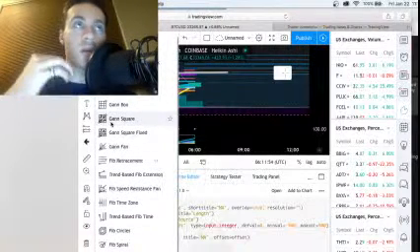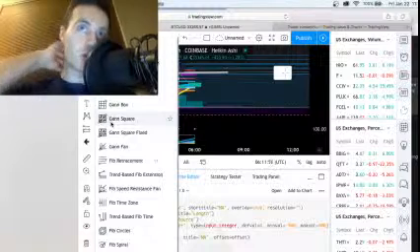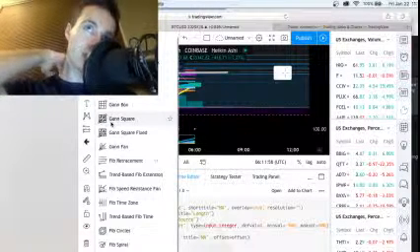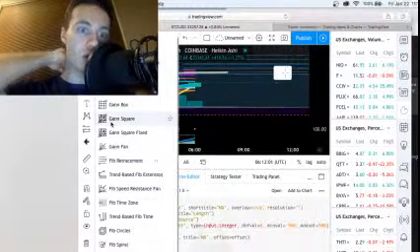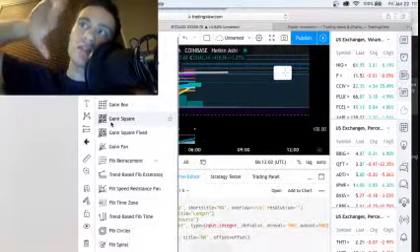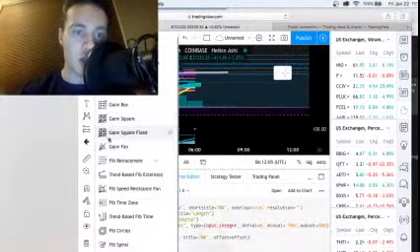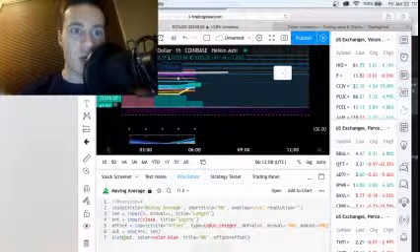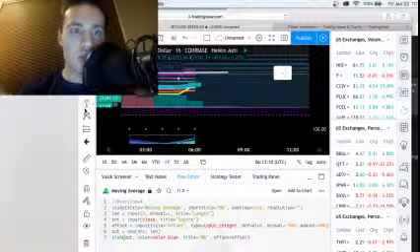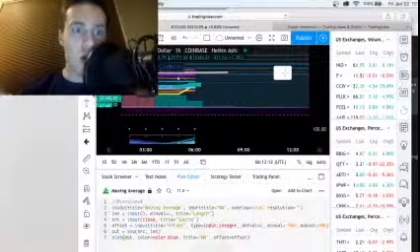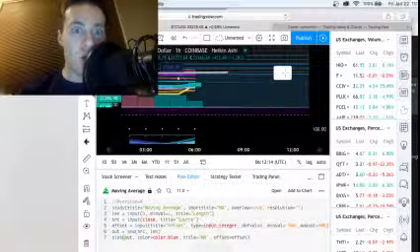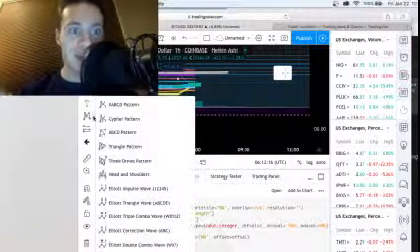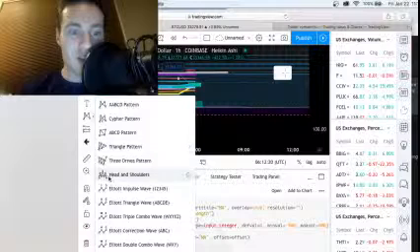Bitcoin, 3 or 4 months ago, was around 11,000, and then it went on a parabolic run, literally parabolic, and it looks like this. That's what a parabolic run looks like. It went all the way up to 30,000, and we saw 100% returns in a month on Bitcoin.